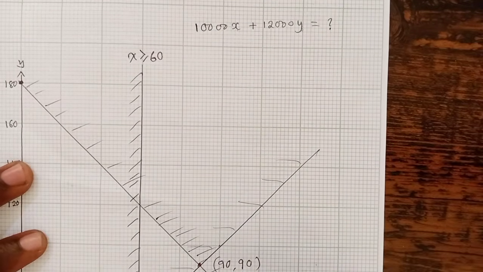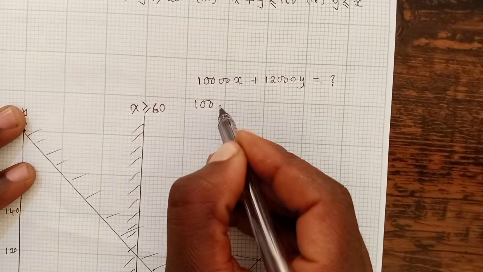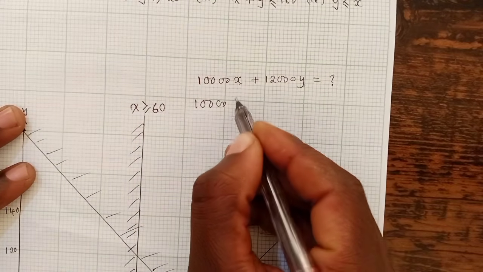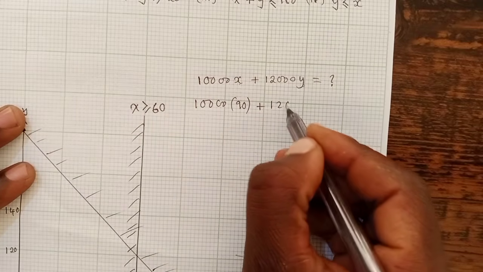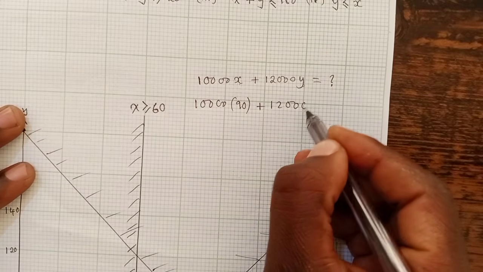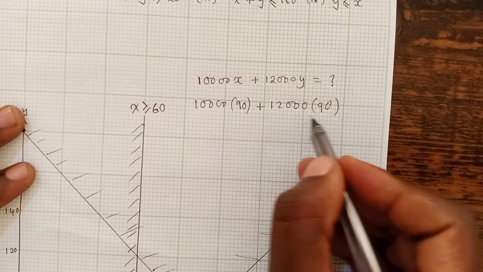So me, I'll just go directly to the needed coordinates. So it's 10,000 multiplied by 90 plus 12,000 multiplied by 90.